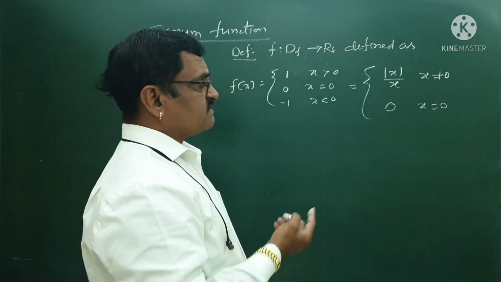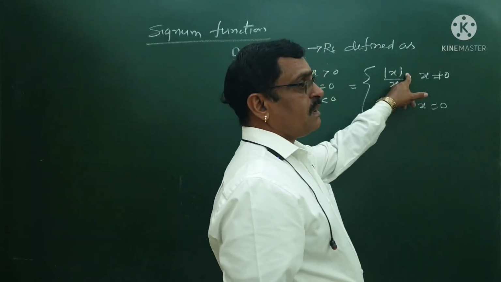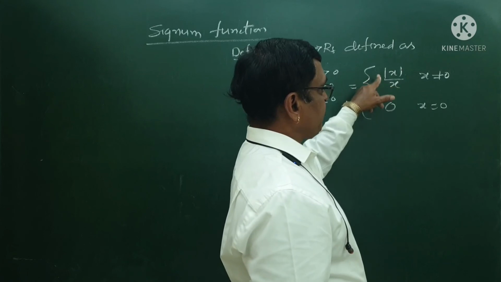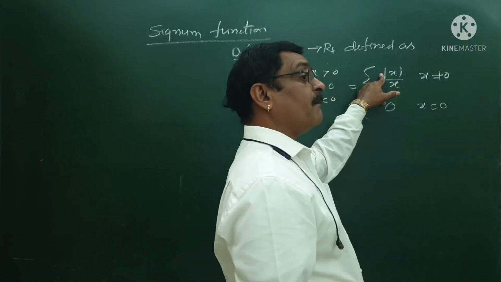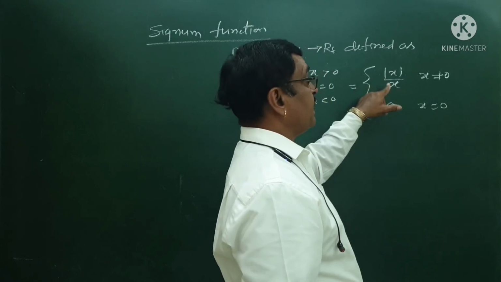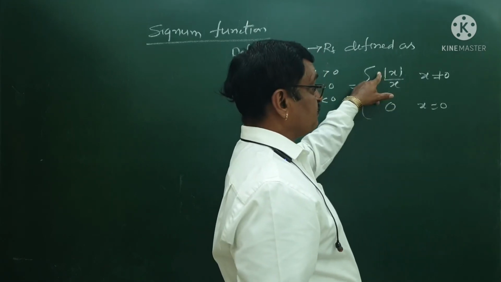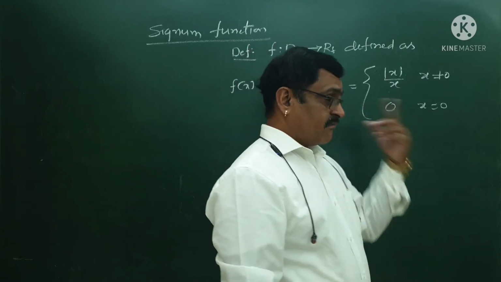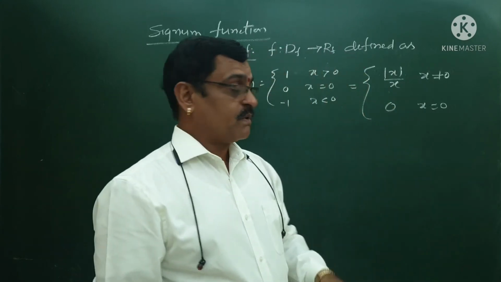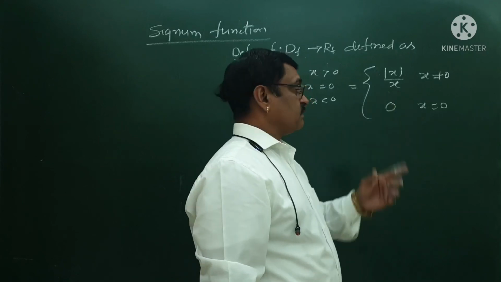How do we justify this notation? When x is positive, mod x is equal to x, x by x cancel, we get 1. When x is negative, mod x is positive, and here you get negative, positive by negative is negative. That means it produces either 1 or minus 1. That's why we use this notation.